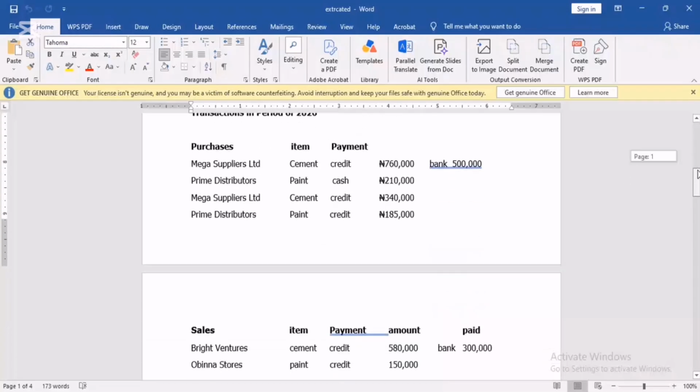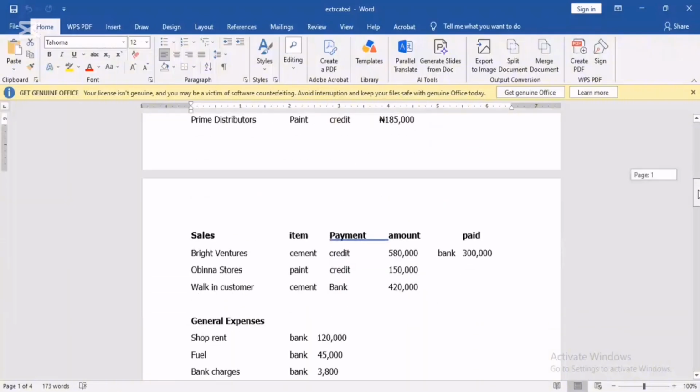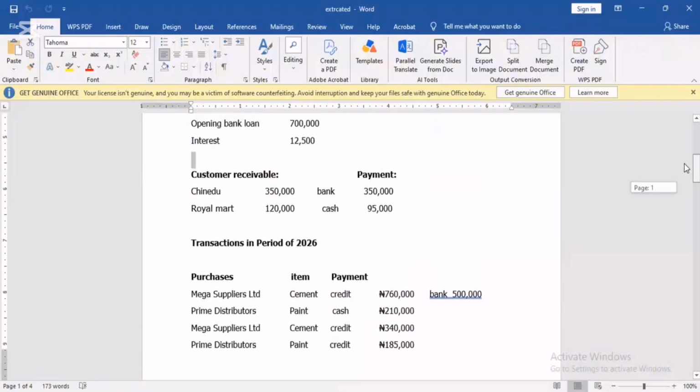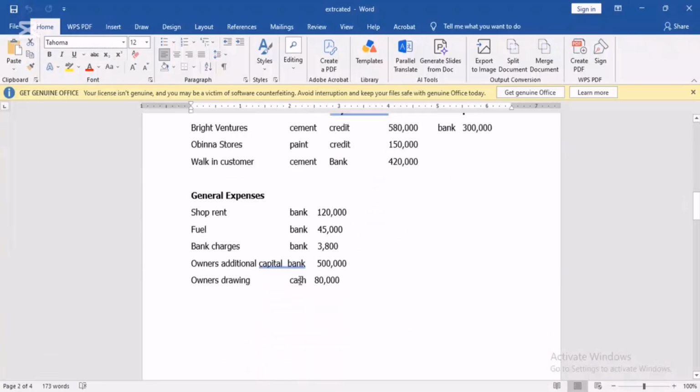So down here is where the transactions of 2026 started, right? So you can see right up here the transactions in the period of 2026. So we have these transactions that occurred this year from January till date. So we have their sales, up here is purchases, sales here, and here are general expenses and other transactions such as owner's additional capital, then owner's drawing as well.